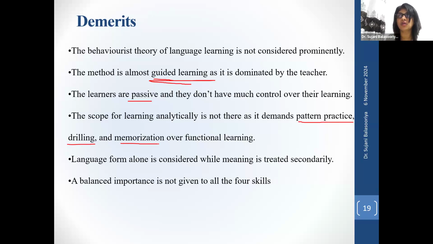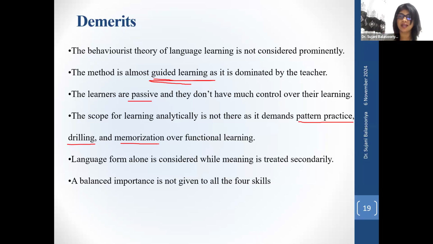That means learning a language about the functional aspect, how language can be used or how language can be changed according to different functions, according to different contexts, according to different situations.